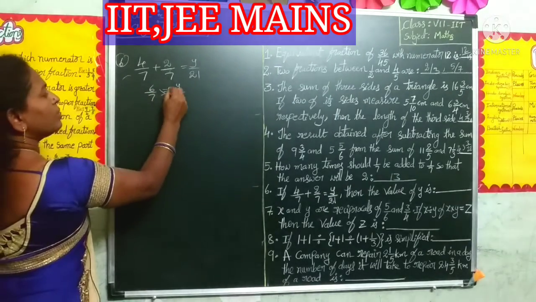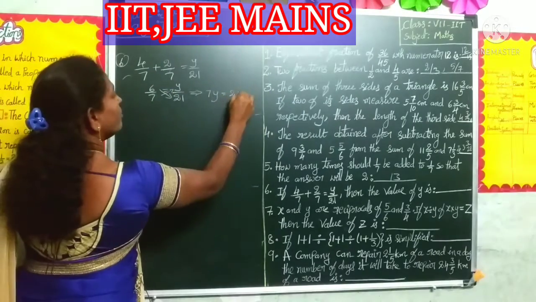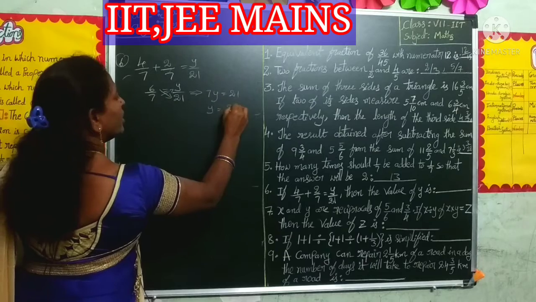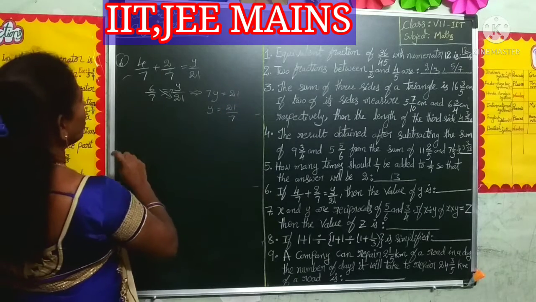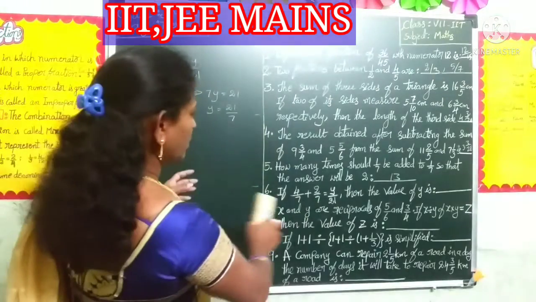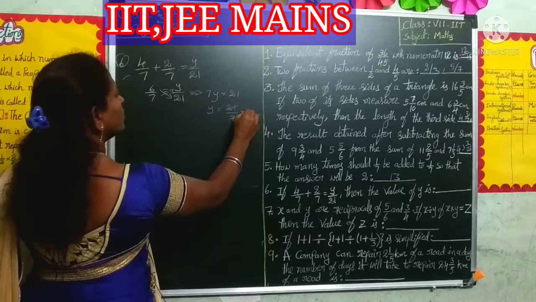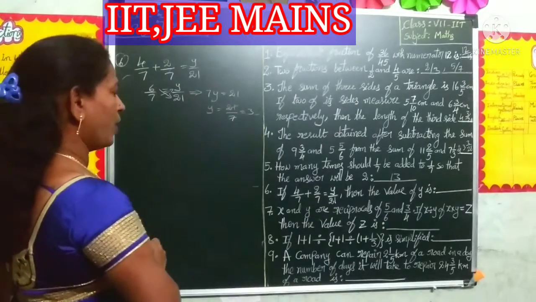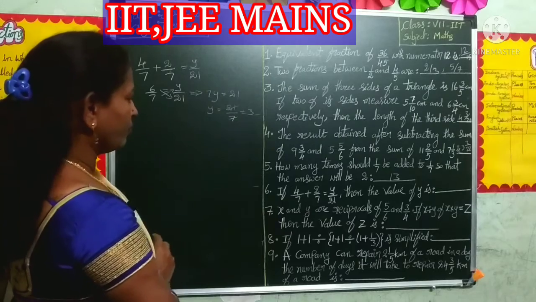Now do cross multiplication, that is 7y equal to 21, y equal to 21 by 7. How many times here? 3 times. Okay, so what is the value here? 3.